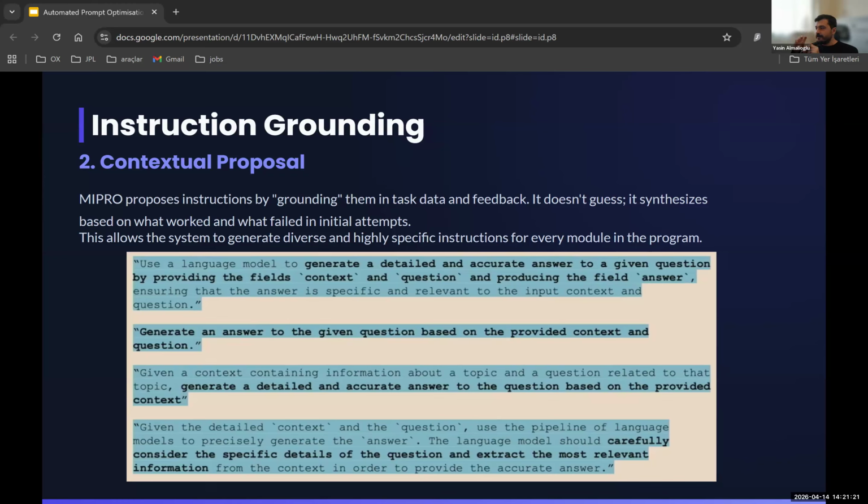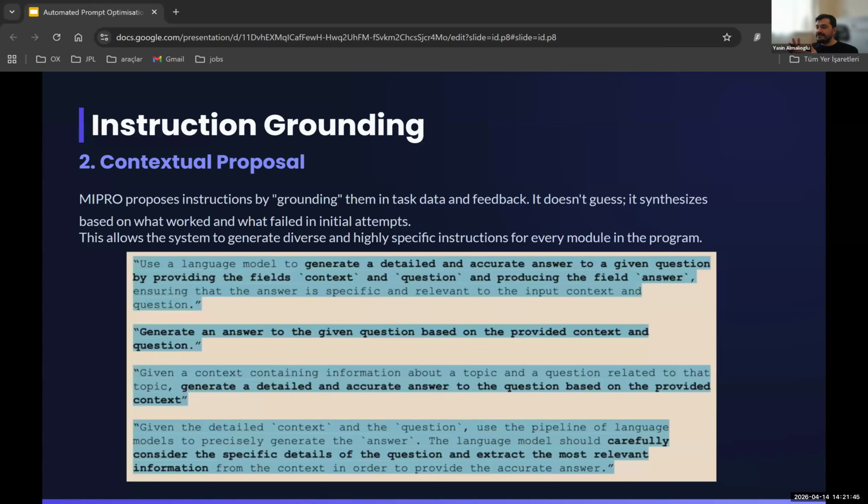So what happens is this provides the proposal language model with relevant context, such as what is inside the data. I'm going to give you more examples once I talk about the architecture. I hope it gives you a better sense of what this means in practice.